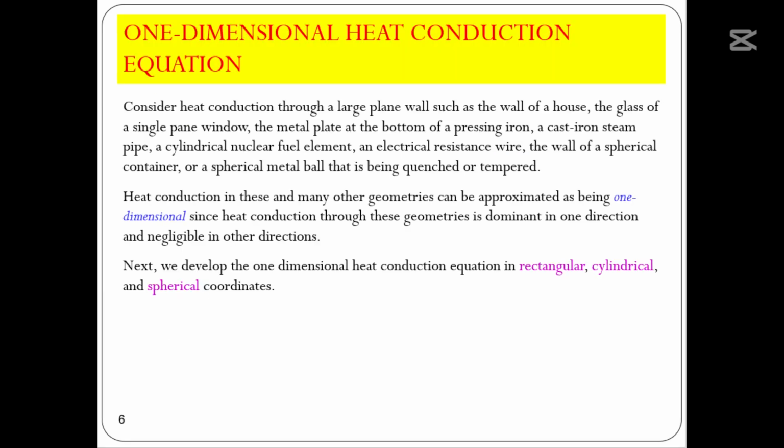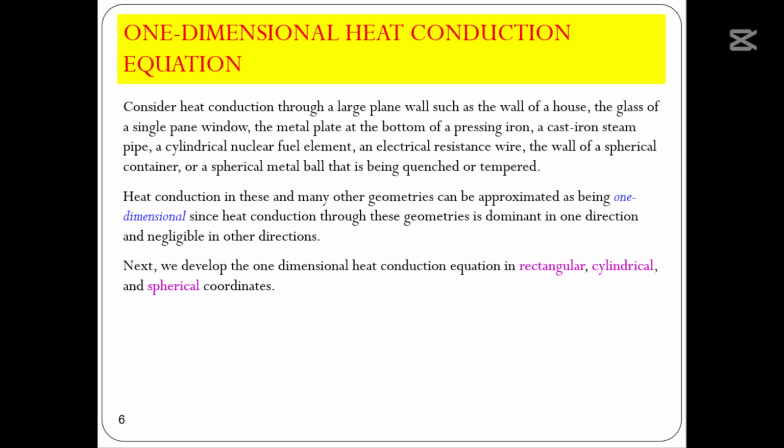Now we are starting the equation of heat transfer conduction. Consider heat transfer conduction through a plane wall, such as the wall of a house, the glass of a single pane window, or the metal plate at the bottom of a pressing iron, a cast iron system pipe, a cylindrical nuclear fuel element, an electric resistance wire, the wall of a spherical container, and a spherical metal ball that is being quenched or tempered.